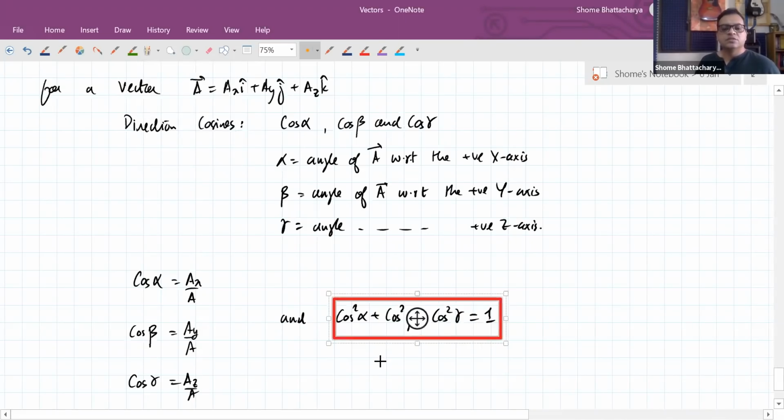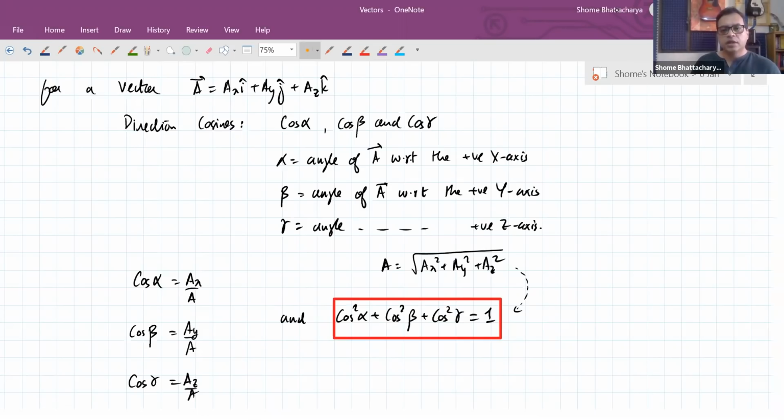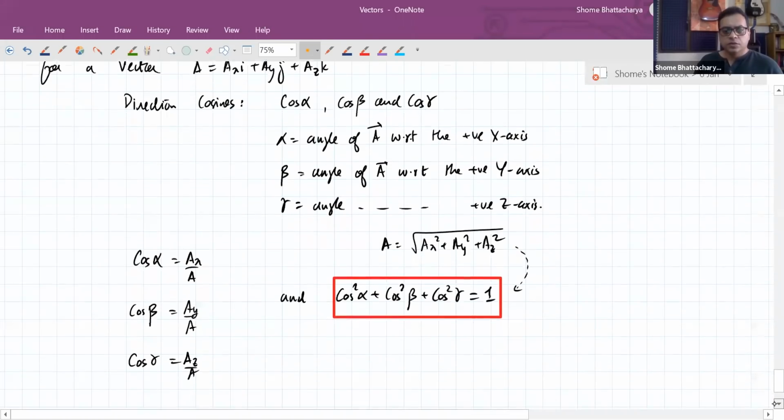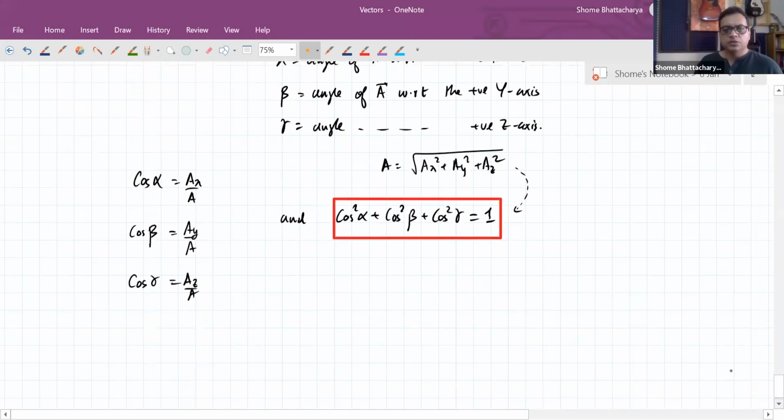It is pretty easy to justify because you can just substitute the values of cos alpha, beta, and gamma, and you know that the magnitude of the vector A we have just seen is given by that formula. That in itself gives you a justification of this. Okay, so this is an important aspect. All right, so let's look at a quick example or two of this.